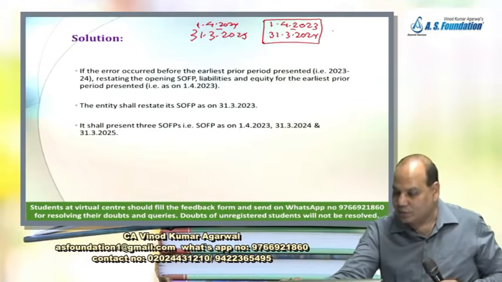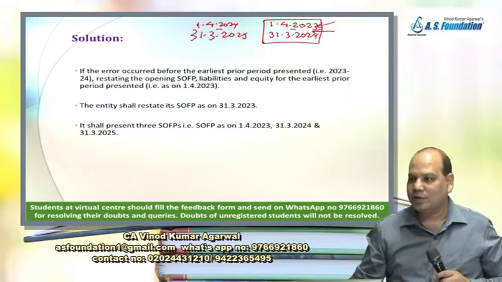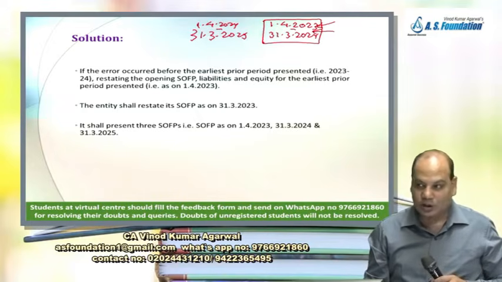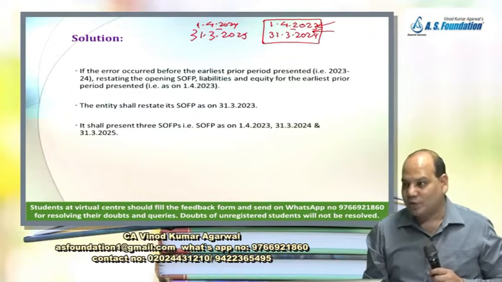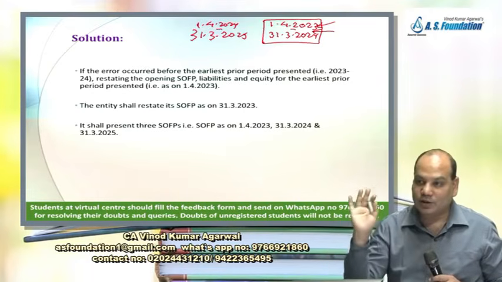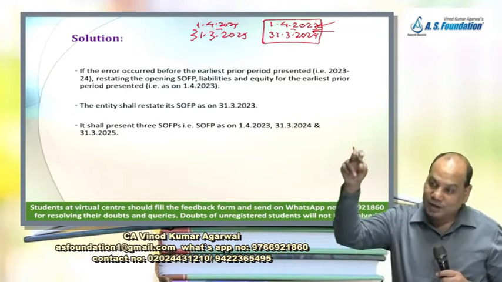Similarly, if the error is committed between these two dates, then also this figure is not required to be revised because it will remain the same. But in this problem, the error was committed in 21-22, before this year. So you have to give the effect of the rectification, not in the current year, but that year.